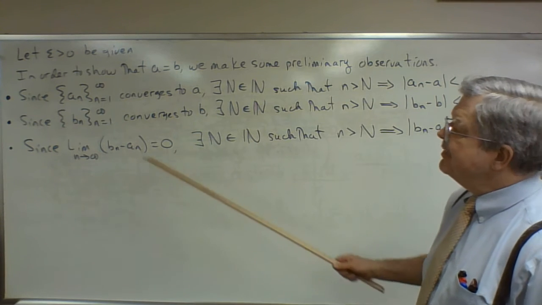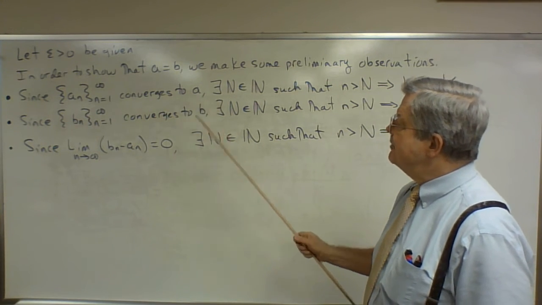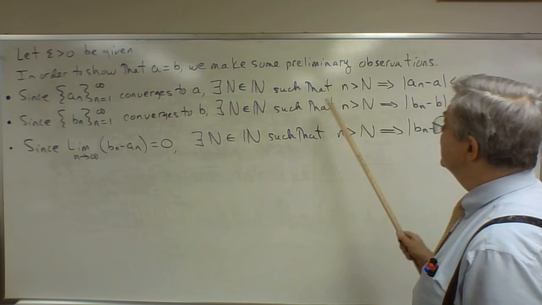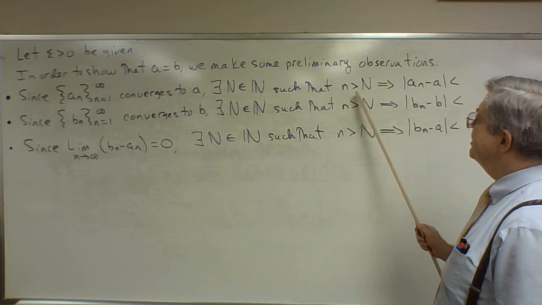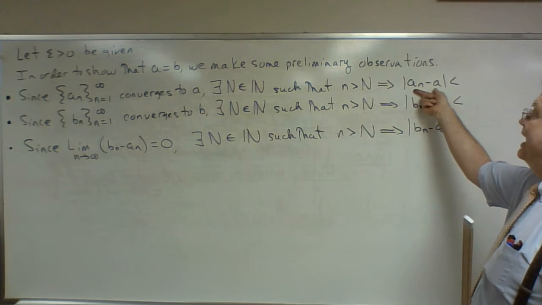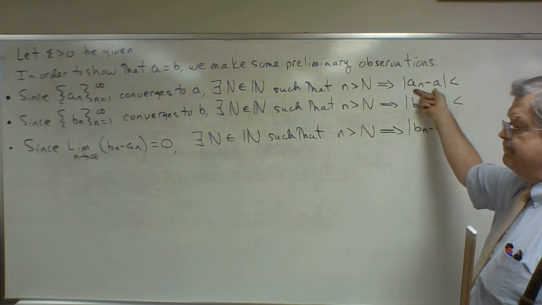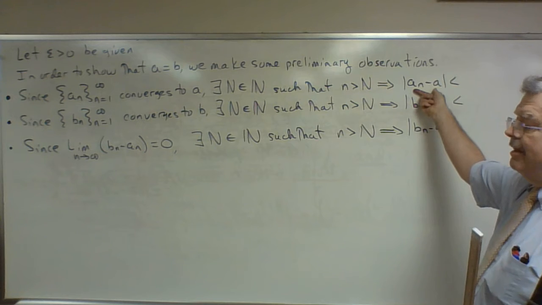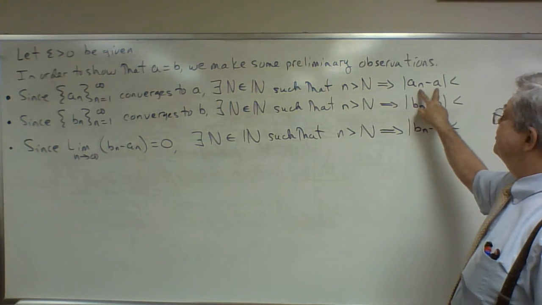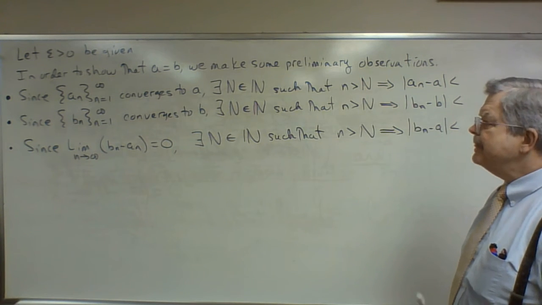First of all, since the sequence A sub n converges to A, there's some natural number capital N such that little n greater than capital N implies that A sub n minus A is as small as we want to make it. Could be epsilon or epsilon over 2, but however small we want to make this difference, we can make it that small.